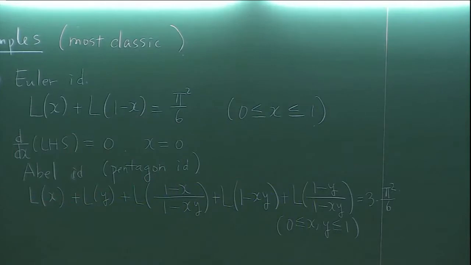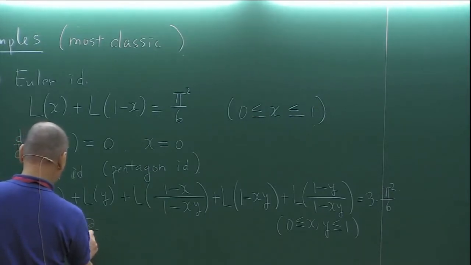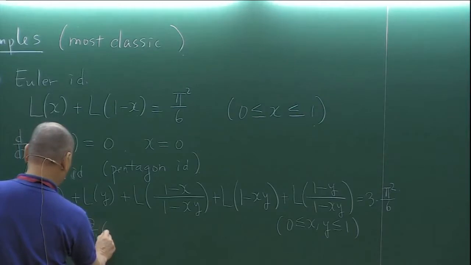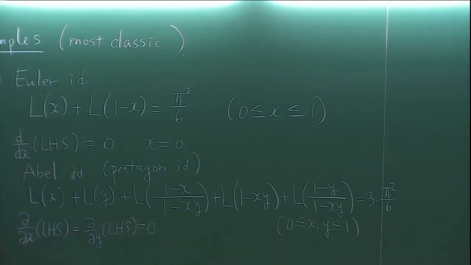Okay, let's prove it. Once again, the strategy is the same. You first take the derivative of the right-hand side, either with respect to this one or this one, and both become 0. Of course, it's not as obvious as this one.